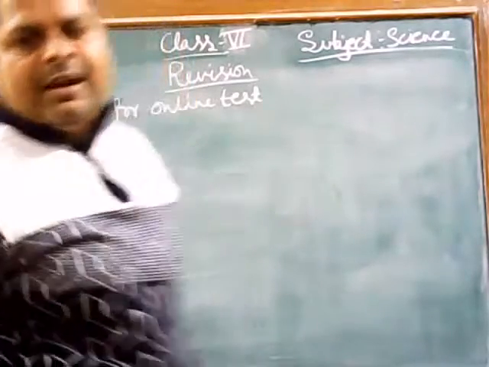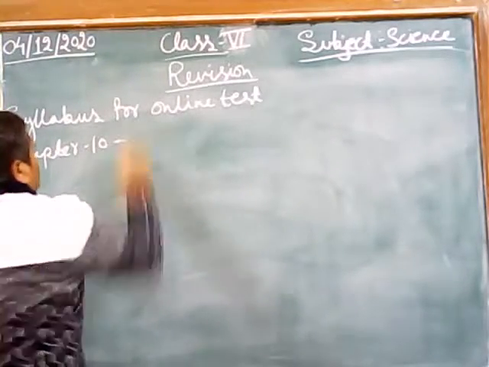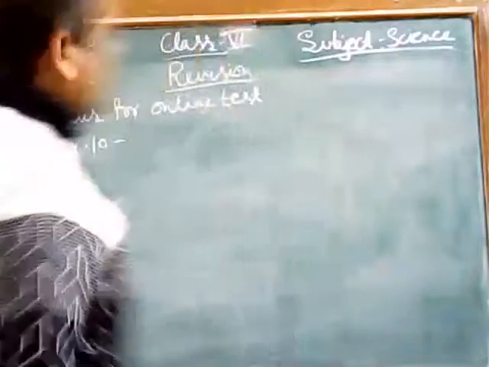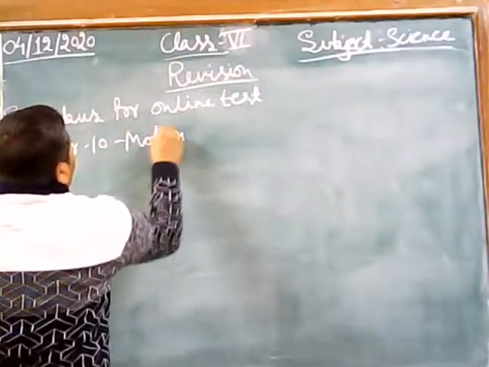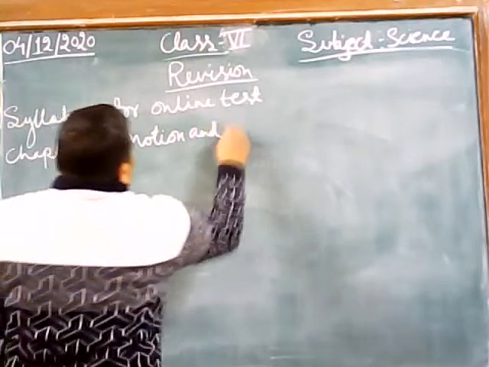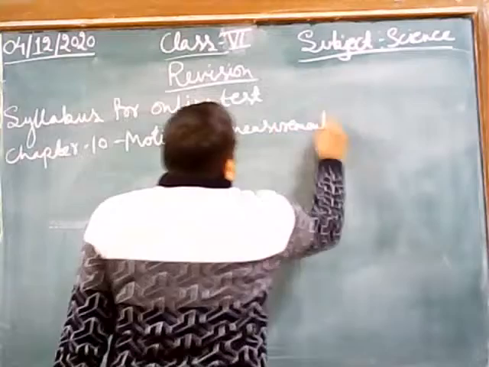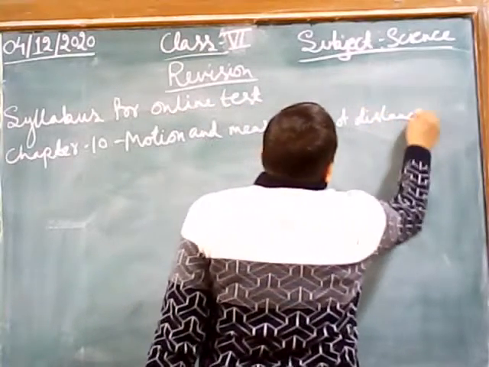Yes, very good. 10, 11 and 12, very good. What is the name of chapter 10? Motion and measurement of distances.